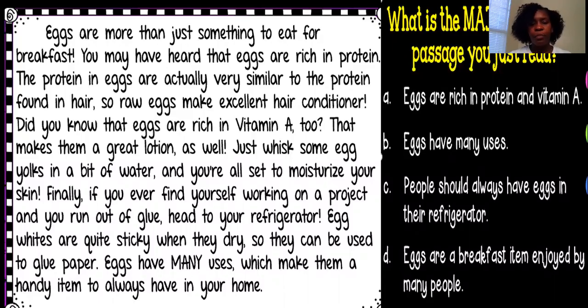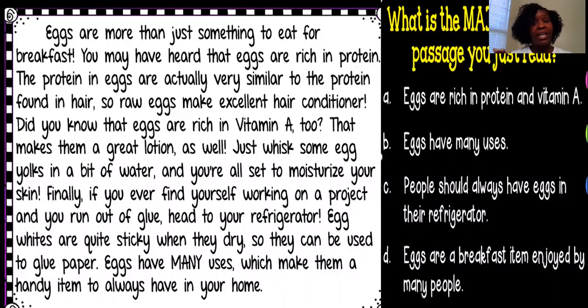Let's check C. Was it all about people should always have eggs in their refrigerator? It did not talk all about why people should have eggs in their refrigerator, so I can eliminate C as an answer. D, was it all about eggs are a breakfast item enjoyed by many people?